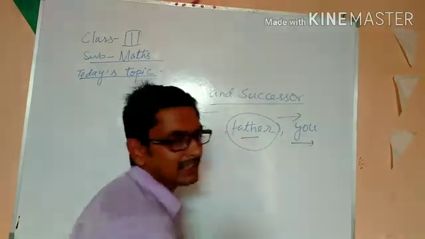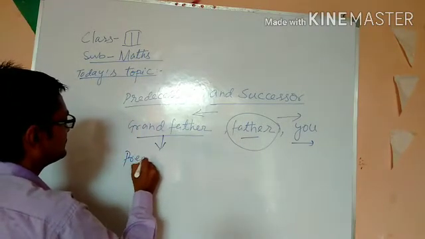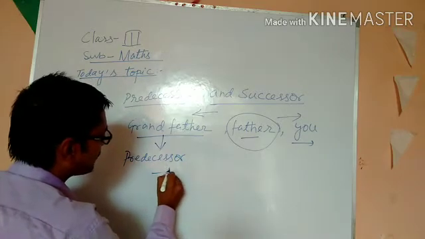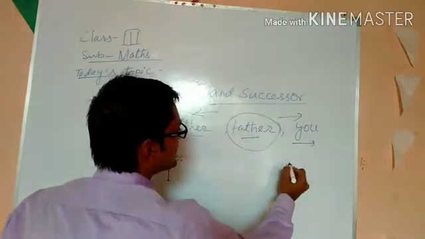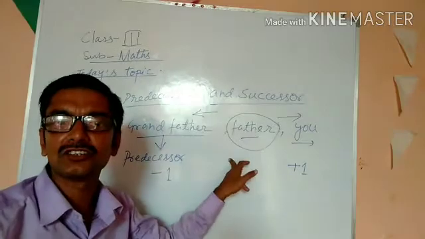Yourself. Is it clear? That's why it is called predecessor, that is minus 1. Is it clear? And successor means you, plus 1, by keeping your father constant.